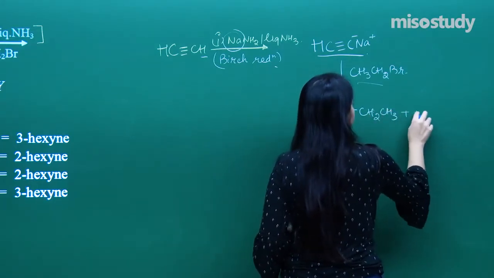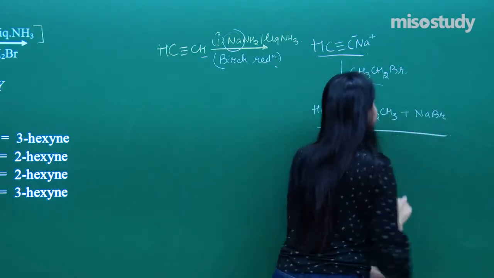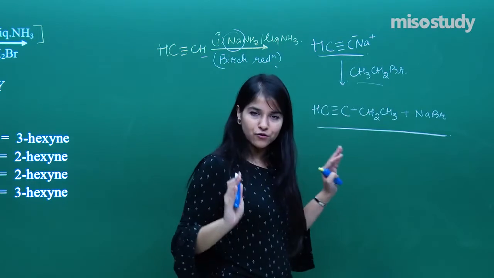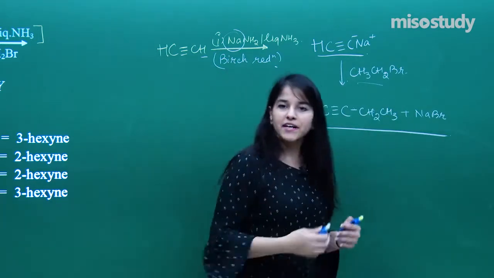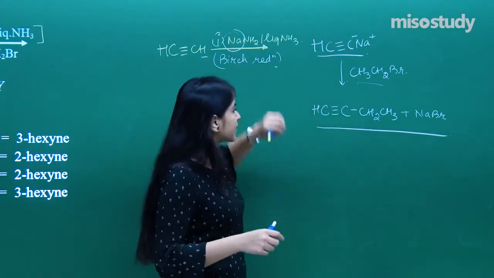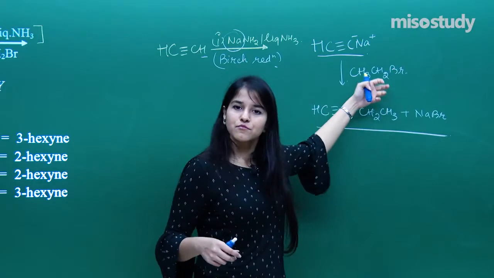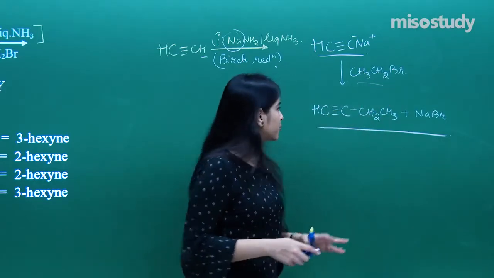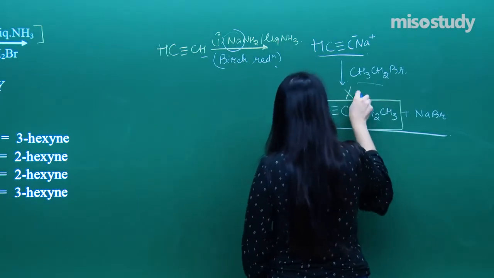So that is what we are getting over here, and NaBr. So I hope you all have followed. So I need to perform again this very kind of reaction using a similar reagent and using what? Using again the alkyl bromide. So that is what you need to do. Here I have got X. So this is nothing but X.